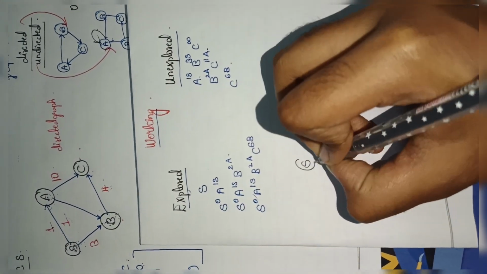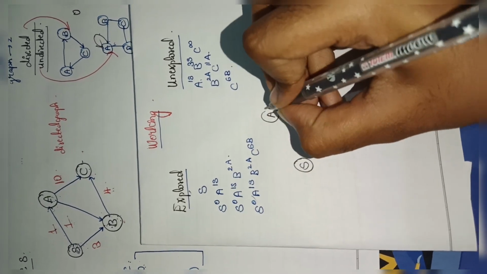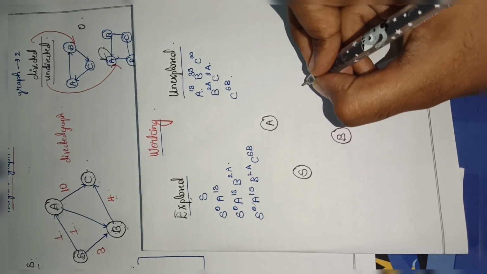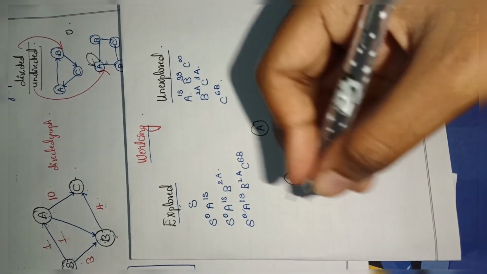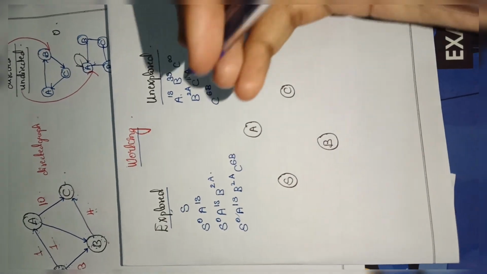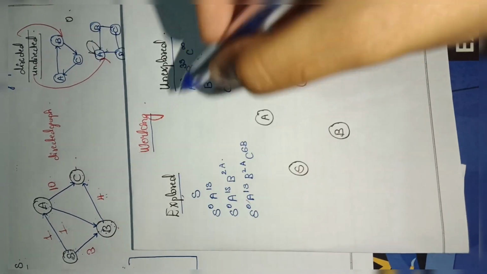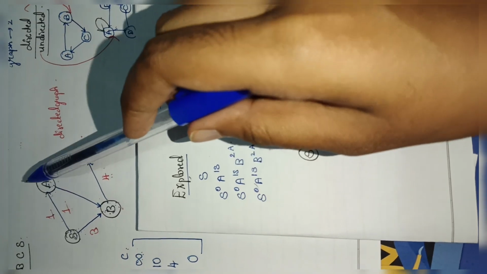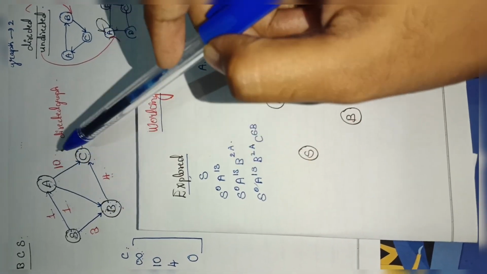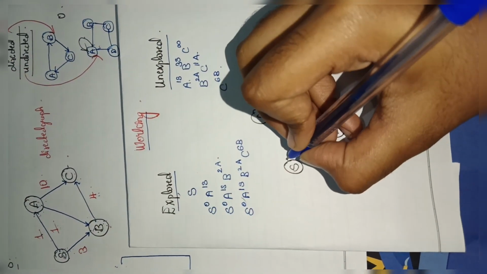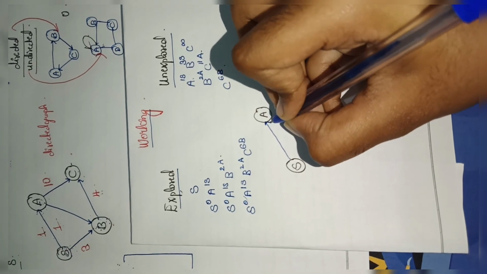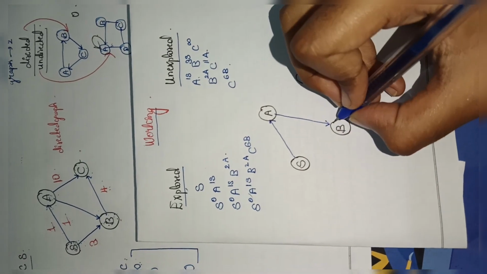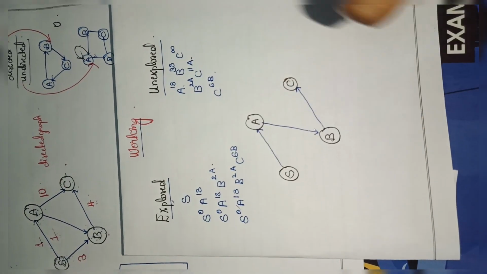Here it is S, A, B, and C. So after drawing the nodes, we'll connect them the way we explored. We explored from S to A, from A to B, then B to C. So we'll connect it like that. From S to A, from A to B, from B to C. So this is the connection.